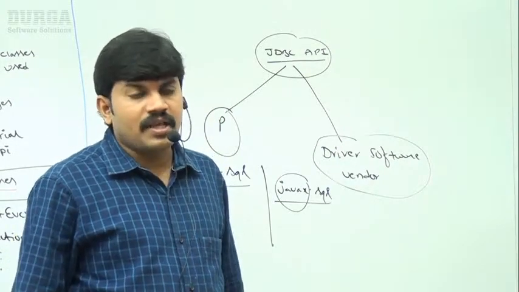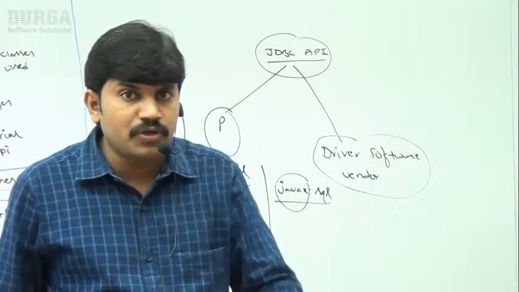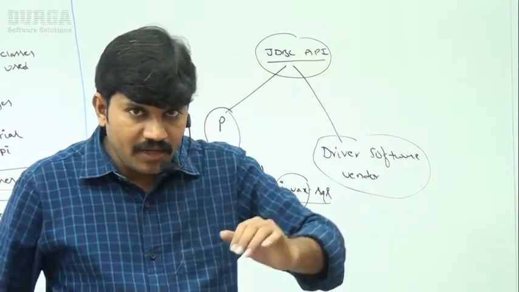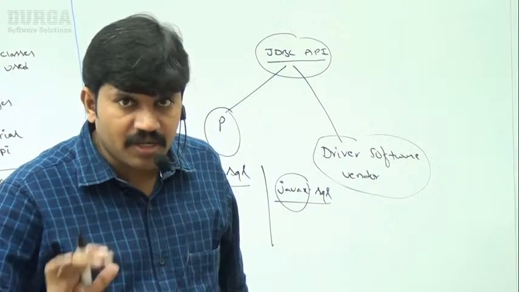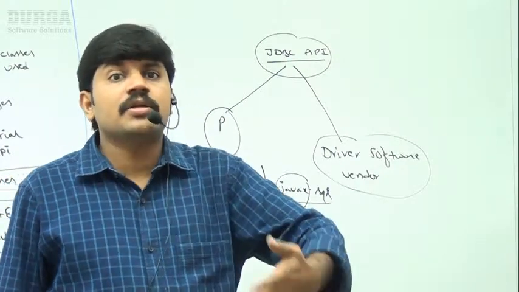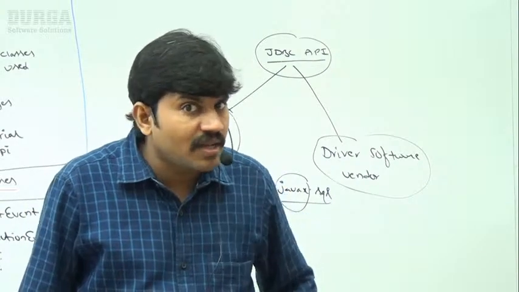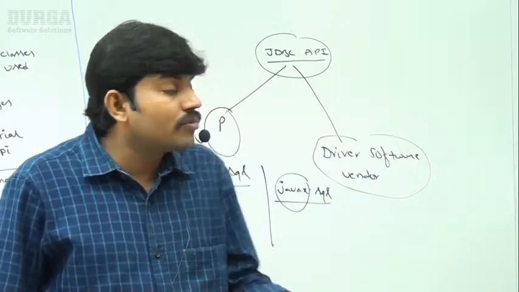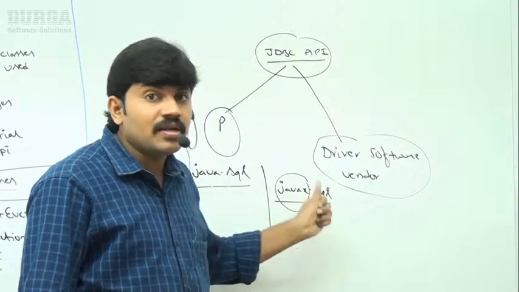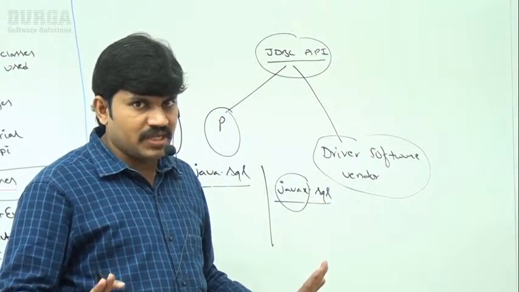Sir, something like the connection pooling concept I want to implement. Don't worry, I will explain in detail; connection pooling is a separate concept. Or I want to use RowSet instead of ResultSet. Then we should go forward with the javax.sql package. Are you in a position to understand, right?